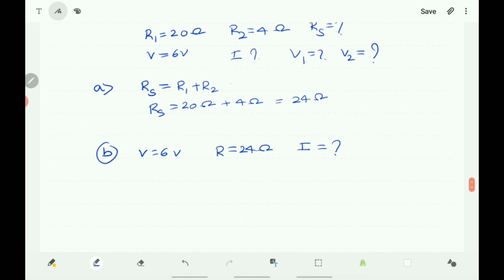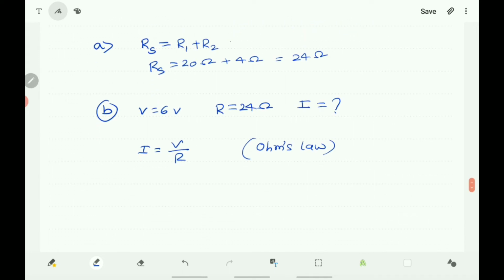According to Ohm's law, I is equal to V by R. Then V is 6 volt and R is 24 ohm. So I is equal to 6 divided by 24.